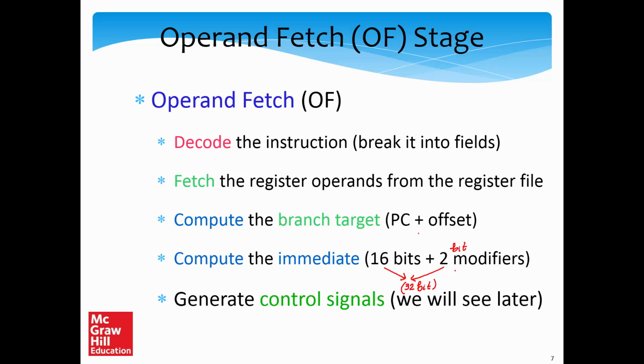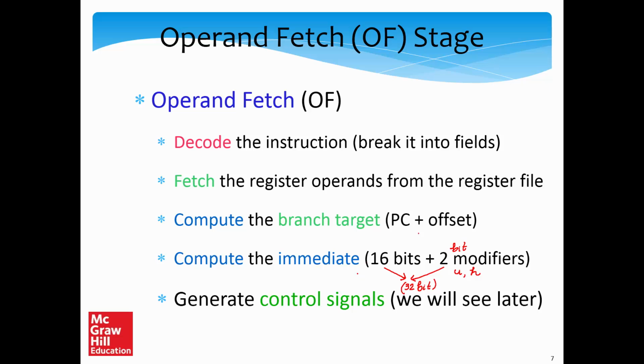Our 2 modifiers are the U modifier, where we treat the 16-bit quantity as unsigned, and the H modifier, where the 16 bits are loaded in the upper 2 bytes of the 32-bit constant that we create. This immediate needs to be expanded, after taking the modifiers into account, into a 32-bit quantity.